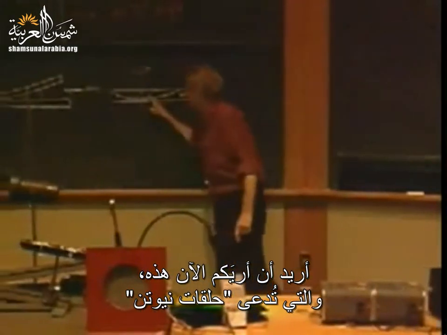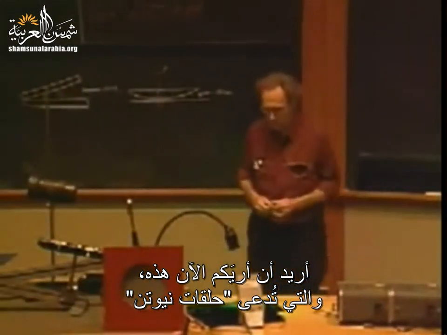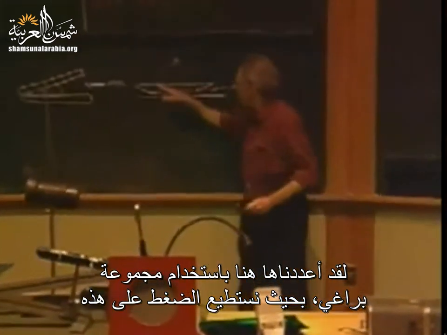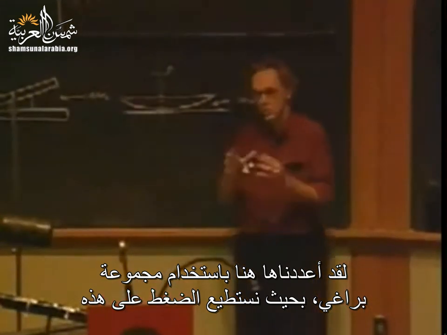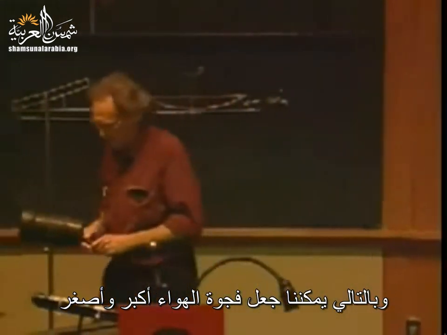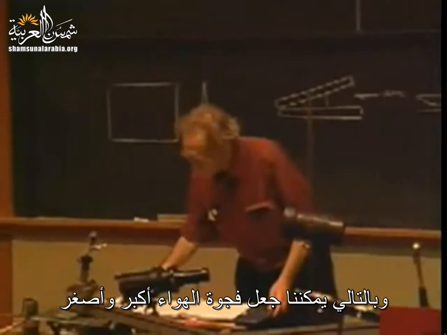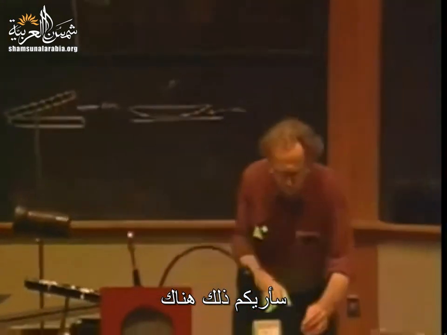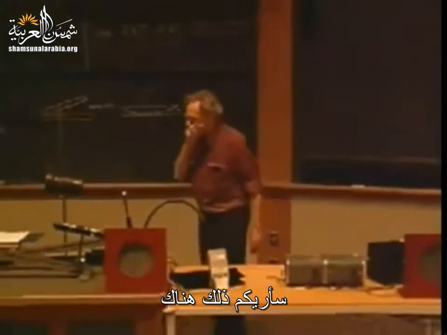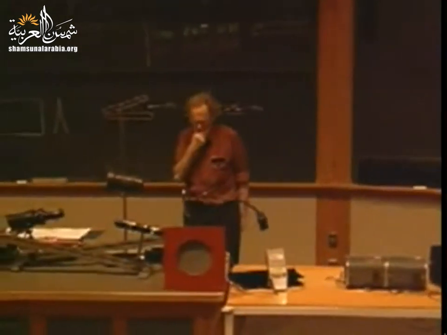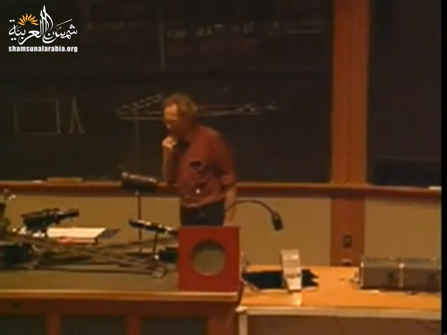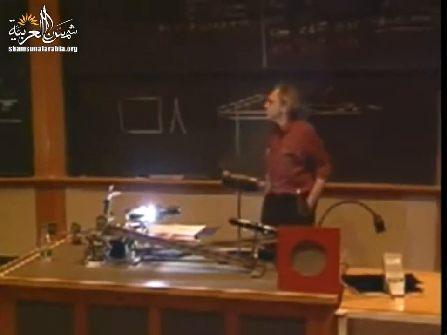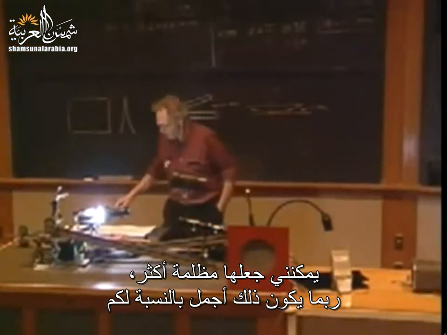And then I want to show you this, which is called the Newton rings. We have it arranged in such a way that with some set screws we can actually push down on this, so we can also make the air gap larger and smaller. And that we're going to show you there. I can actually make it even darker.